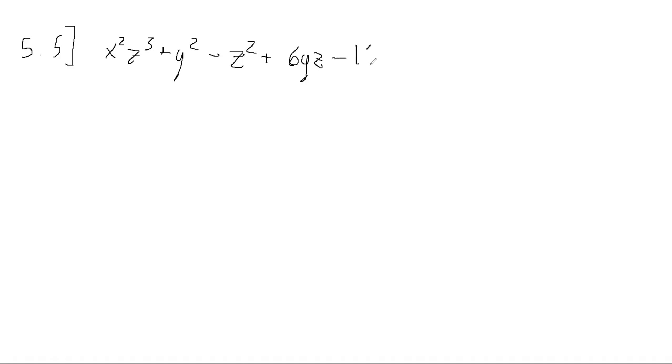For 5.5, we're given the equation x squared z cubed plus y squared minus z squared plus 6yz, which was equal to 10, but I'm just going to move the 10 to the left side already, so it's with the rest of the variables.